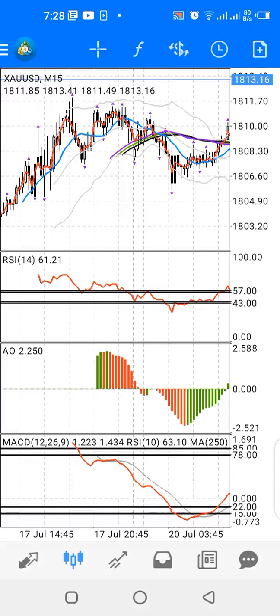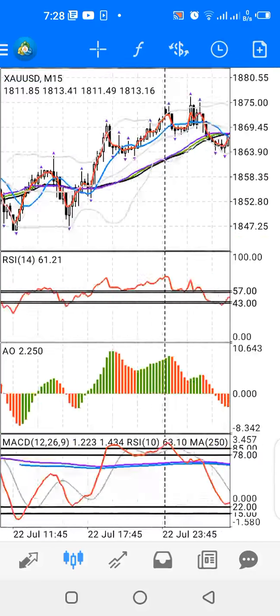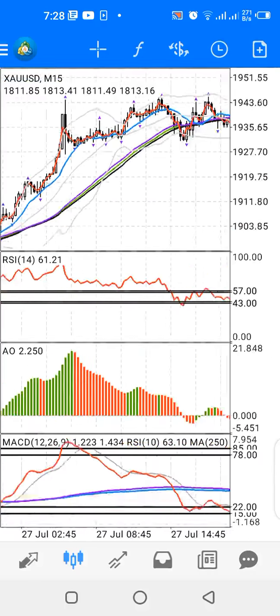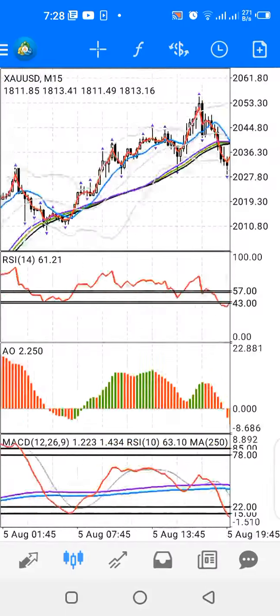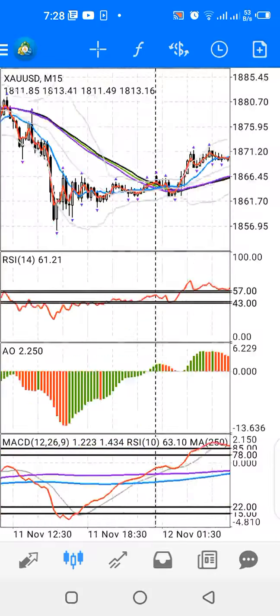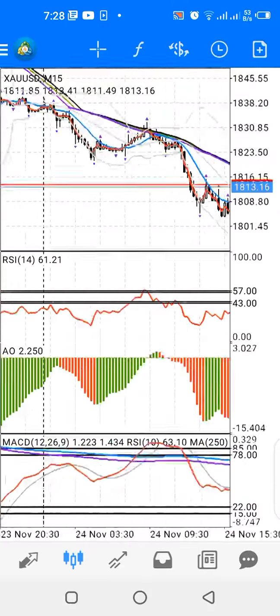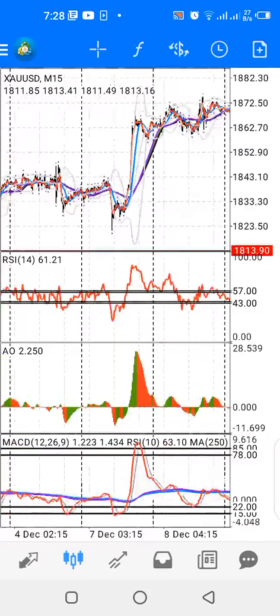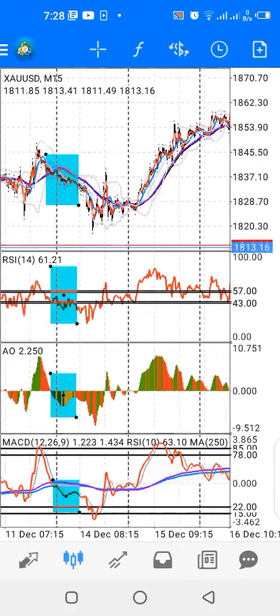Now if you look at the chart, let's go to where I added the colors. I want to move the chart to where I have the colors. Okay, I have the colors here.